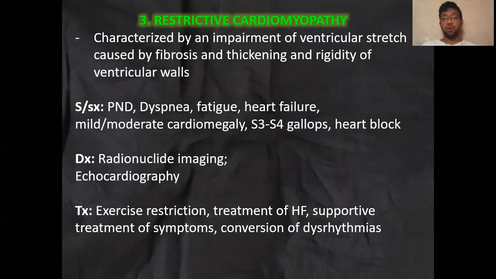When you say heart block, of course, once this happens, since there's restrictive blood flow, it will block the pumping of blood into the aorta. And this can be very dangerous because the heart can no longer pump oxygen-rich blood into the different organs of the body. Diagnosis can be done with the various diagnostic procedures that we've discussed, together with radionuclide imaging and echocardiography.